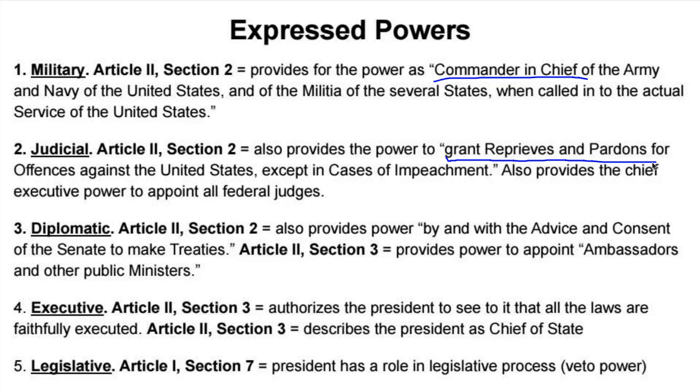Also, the appointment of federal judges. So when there's a vacancy on a federal court, or maybe even the Supreme Court, it is up to the power of the president to fill that seat.